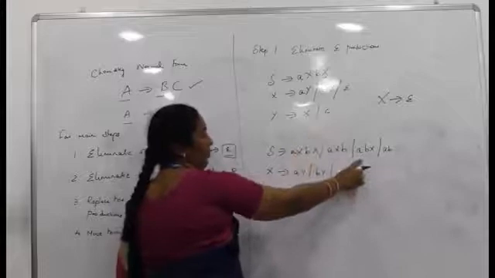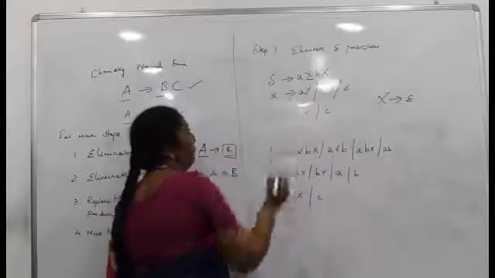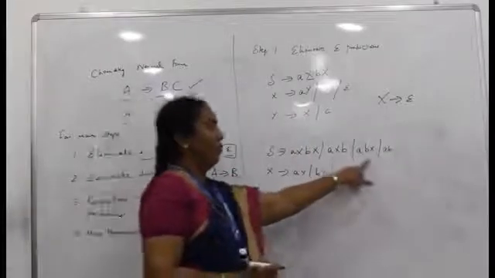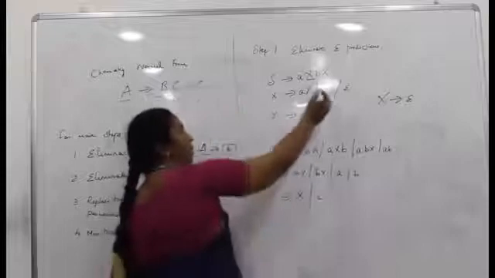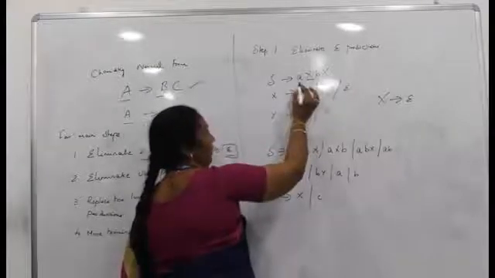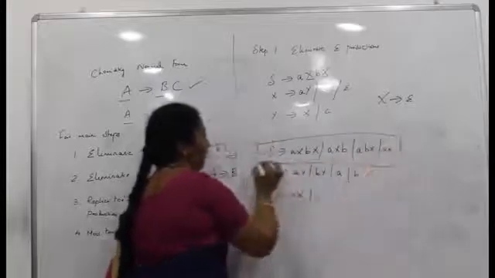Next, replacing the other X with epsilon, it becomes abX. And finally we replace both X with epsilon, which says S gives ab. This is the way we got this production.